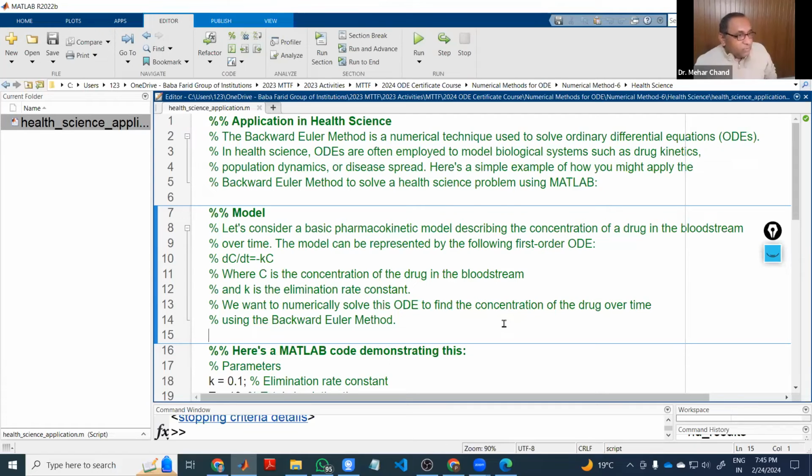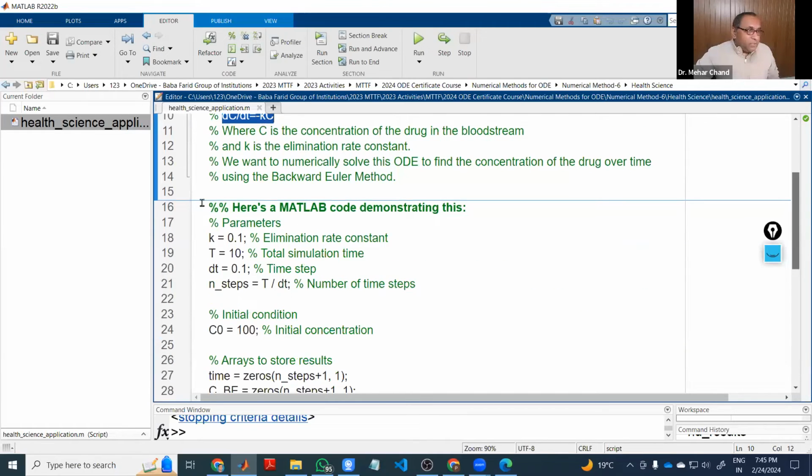We want to numerically solve the ODE to find the concentration of the drug over time using the backward Euler method. The process is quite simple. We just need this equation, the corresponding initial condition, and the values of C and K. And we can easily implement the same.